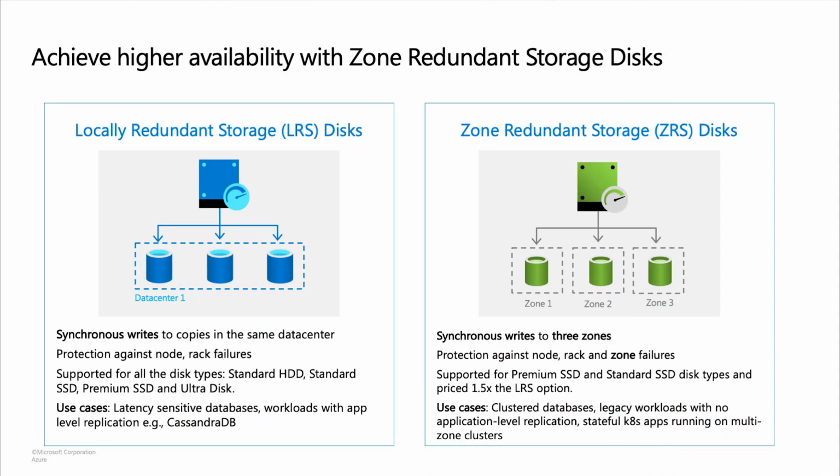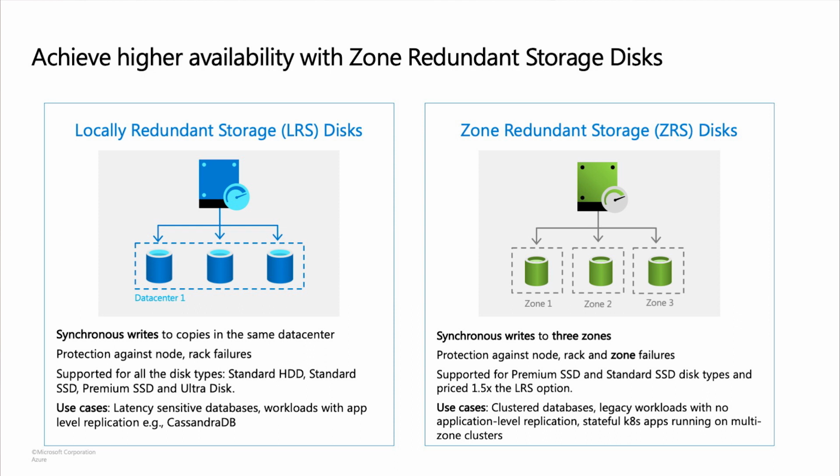To understand the benefit of the ZRS option, let's compare it with our current offering, which is called locally redundant storage disk, or LRS disk. When you write data to an LRS disk, the system replicates that data 3 times in the same data center.